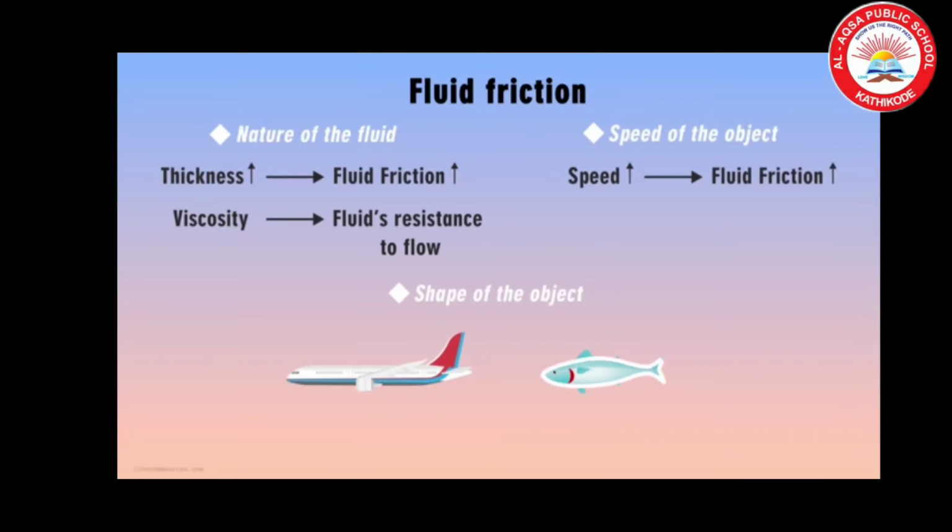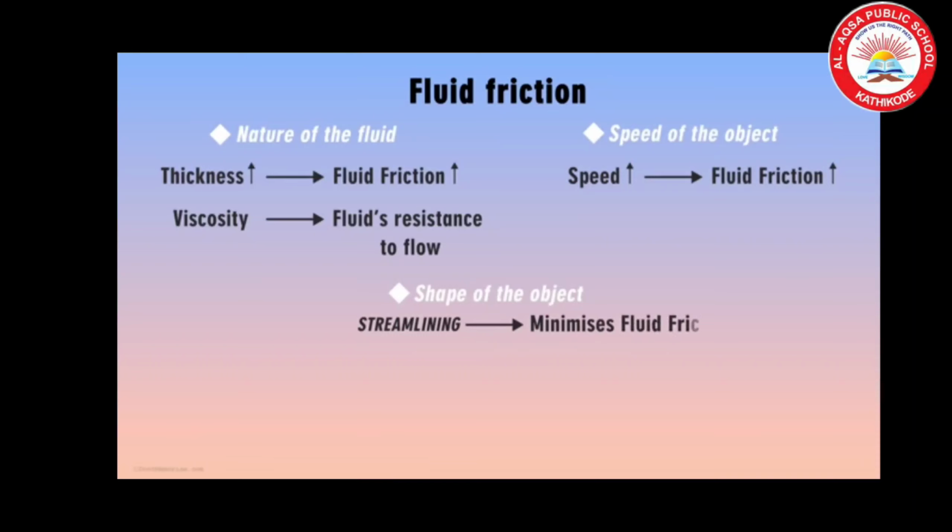And we make ships in a different shape, like a fish. Why? That shape is known as streamlined shape. This shape will reduce friction through the fluids, that is through air and water. It is known as streamlining. Streamlining will minimize fluid friction.